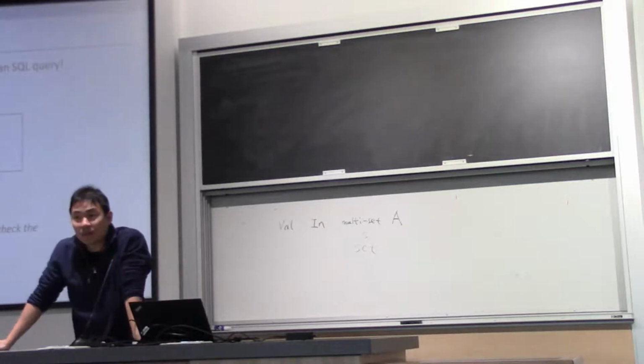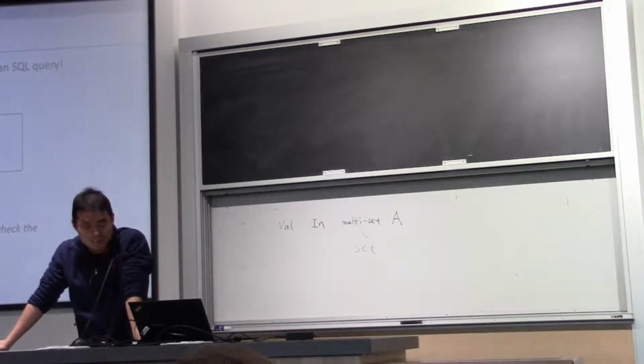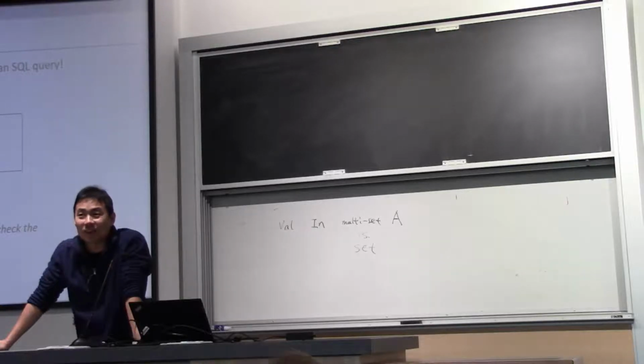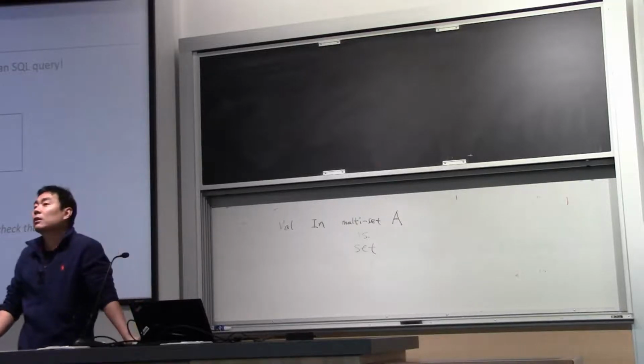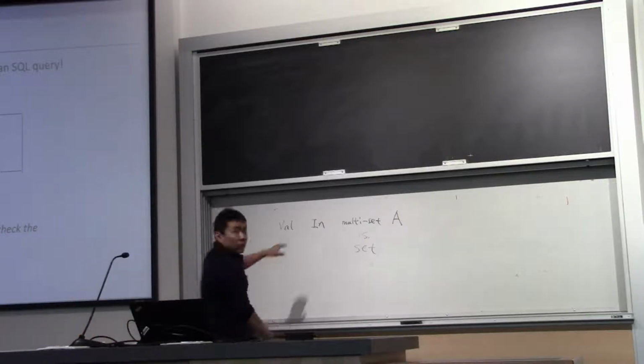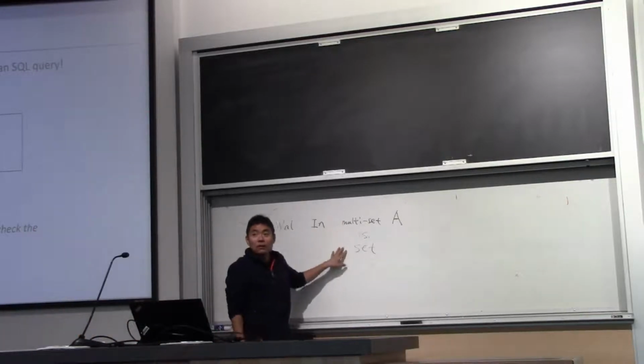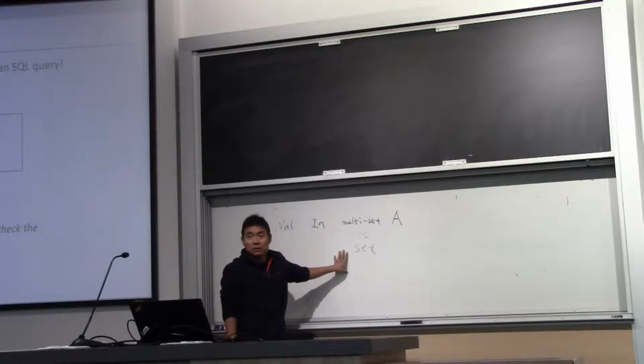Not sure. Not sure is not good. Okay? You should know this. We talked about this more than once. Okay, person next to you. Multisets are allowed to have duplicates, whereas sets are unique. Very good. A multiset allows duplicates, a set does not allow duplicates. Okay?